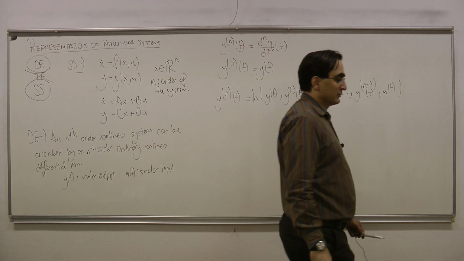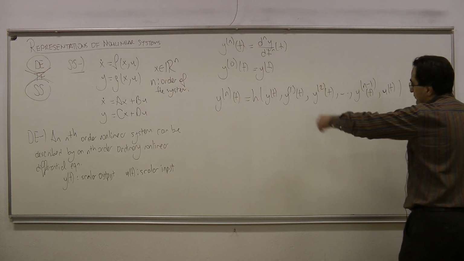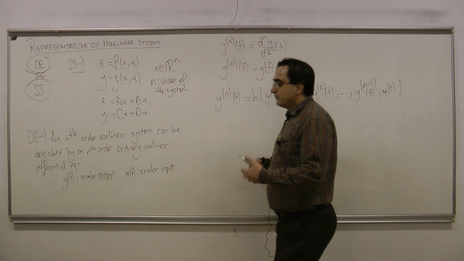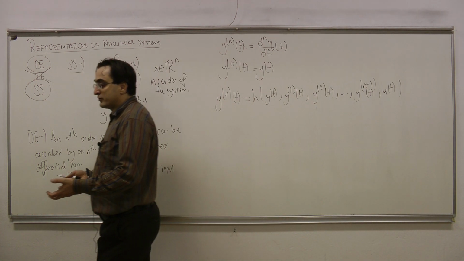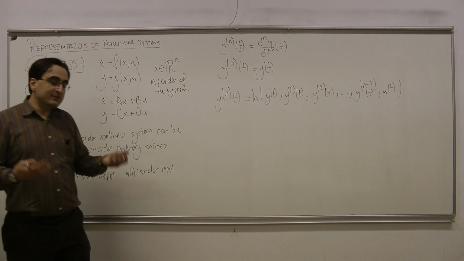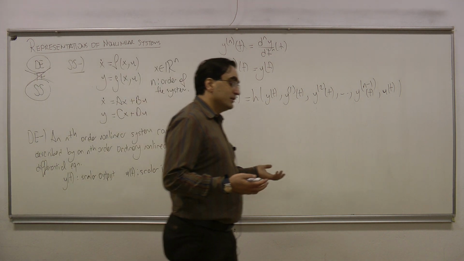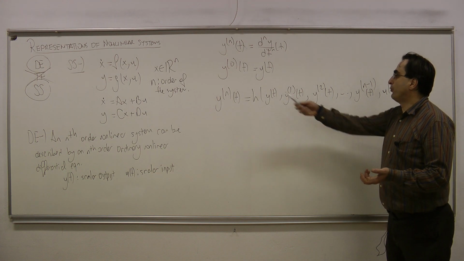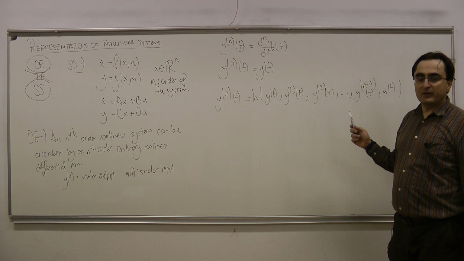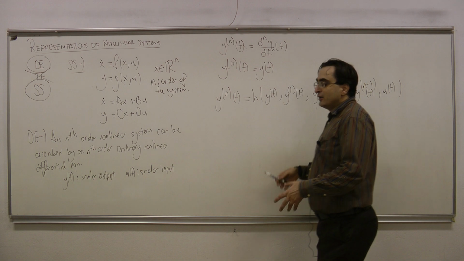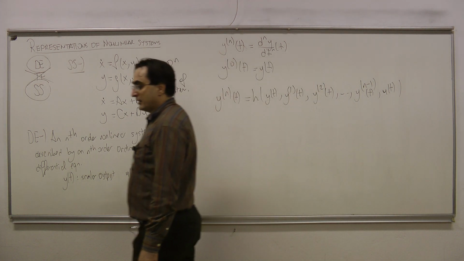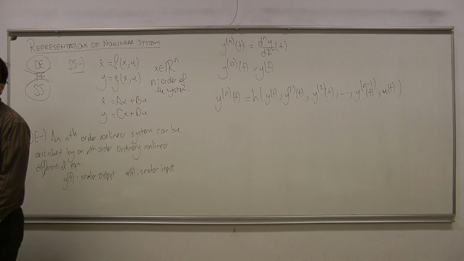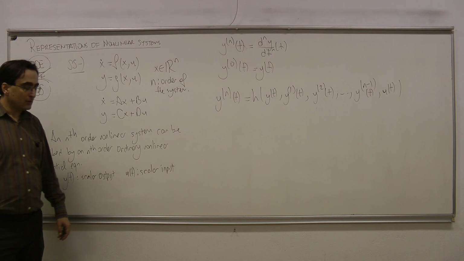The same thing is correct here. If you change the definition of your state vector, then the state space representation of nonlinear systems would change as well. Okay? So for a single nonlinear differential equation, there might be infinitely many state space representations. It all depends on the definition of your state variables.